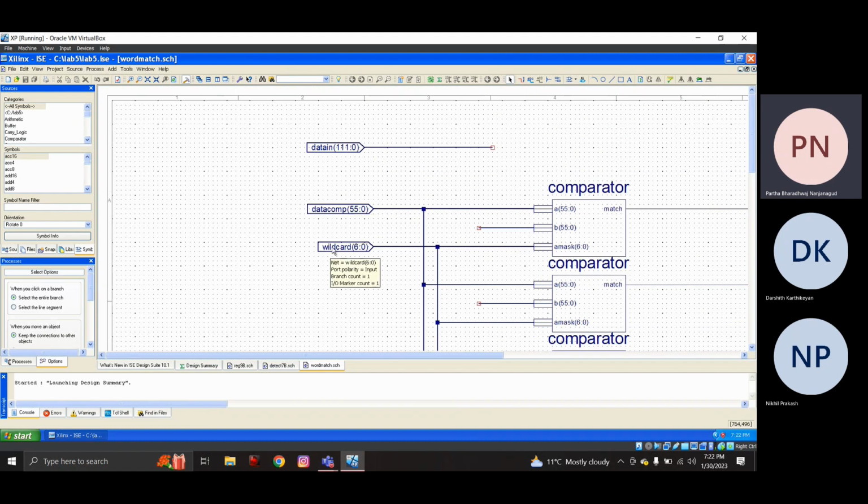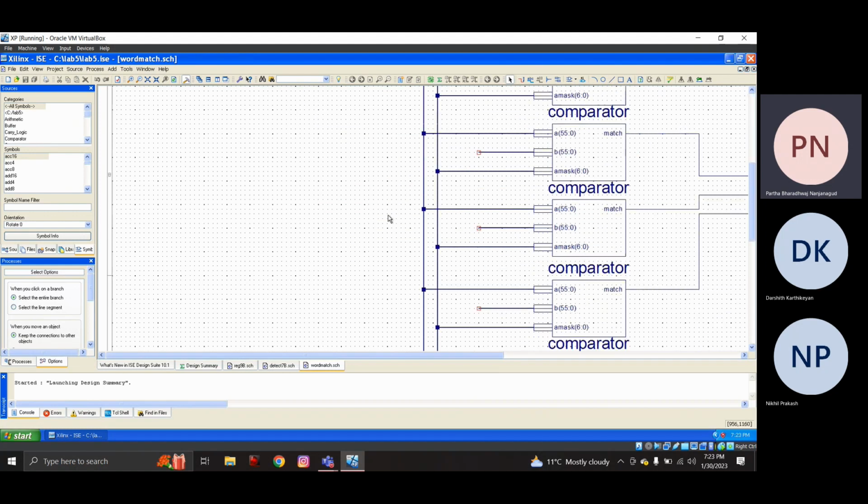Here we can see a wildcard input that signifies the a mask. The pattern that we need to compare is coming from the data comp input.